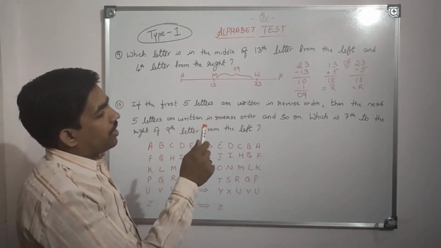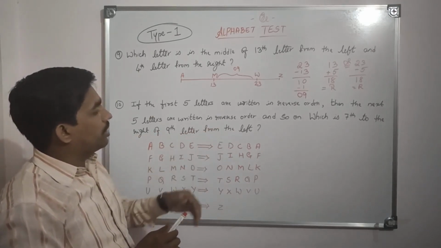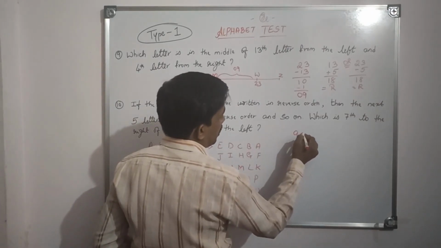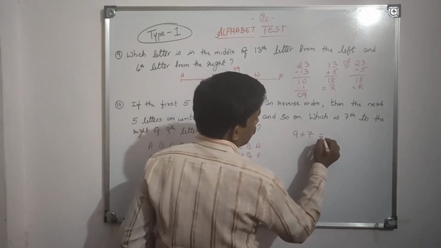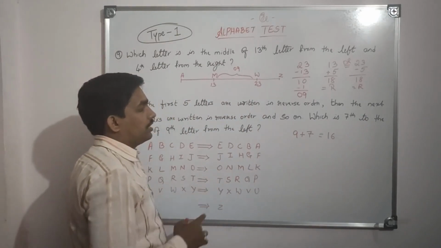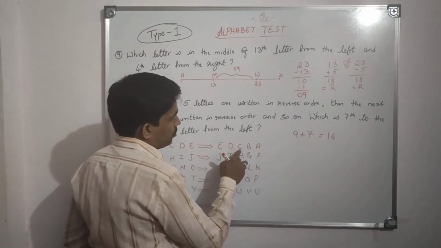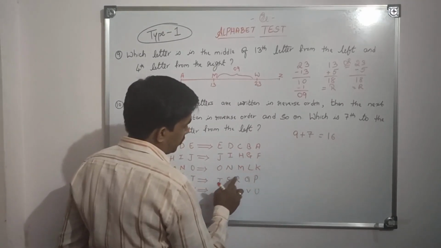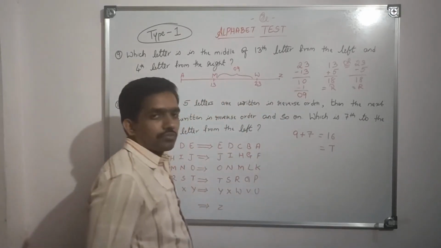Which is 7th to the right of 9th letter from the left? 9 plus 7 is 16. The 16th letter from the left: 1, 2, 3, up to 16. So our answer is T.